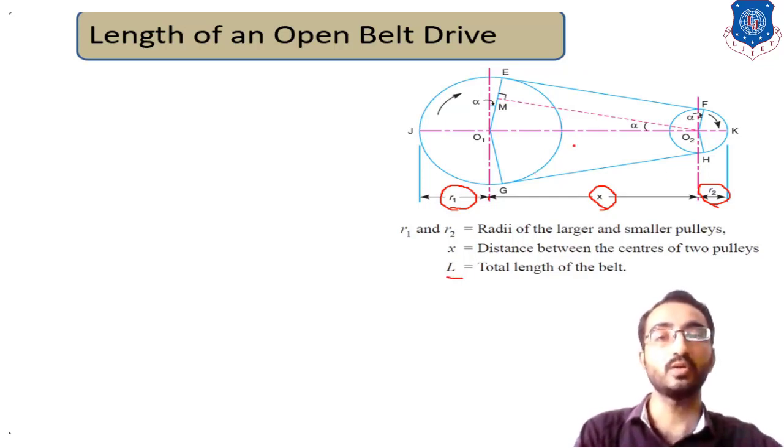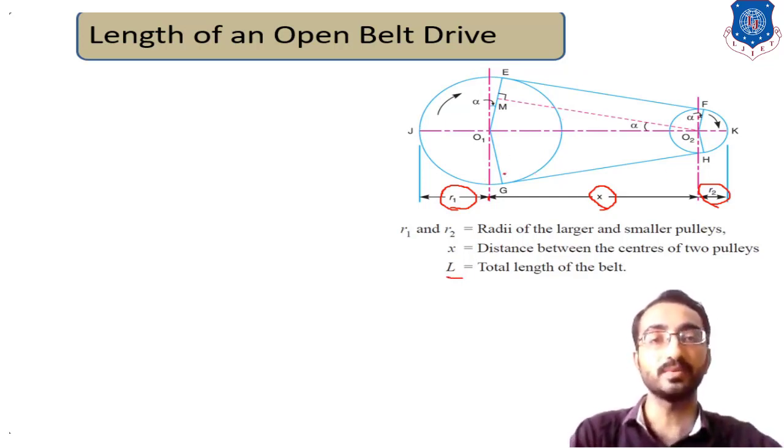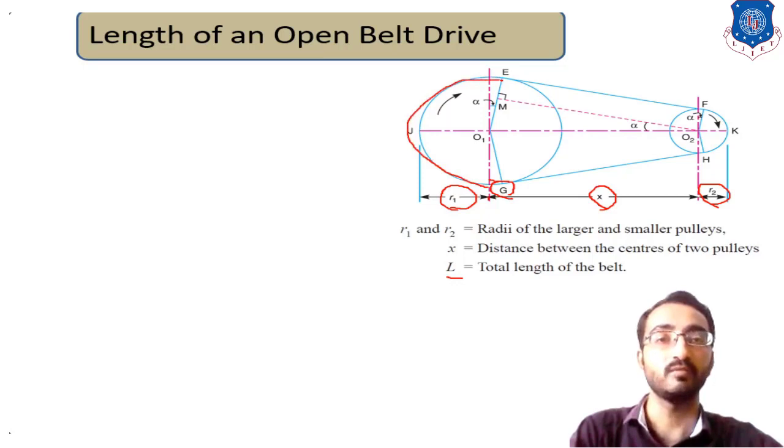To calculate that amount, we can observe in this diagram that the belt is wound on these two pulleys in such a way that it starts from point G, J, E. This is the total arc which is in contact with your driving pulley. How can you measure this length?